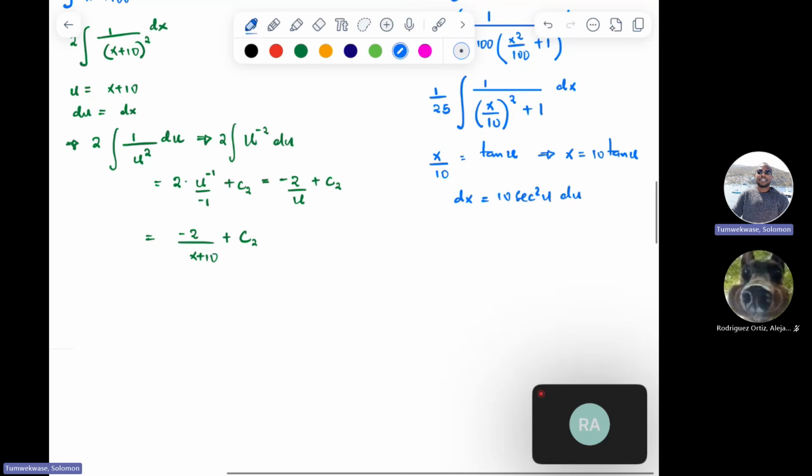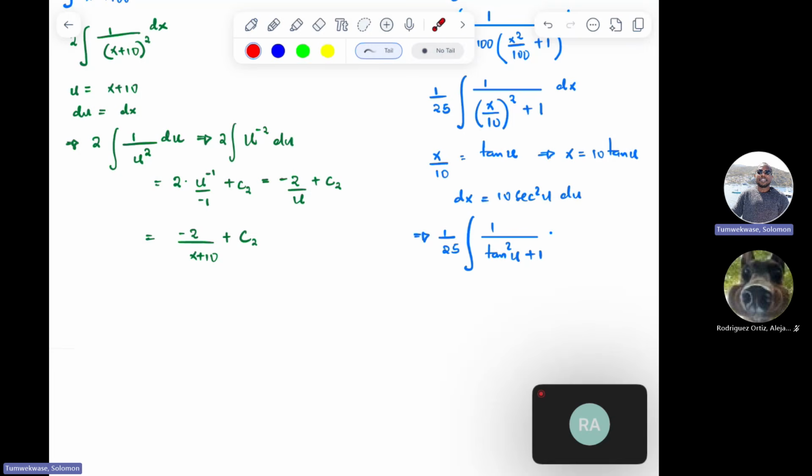When I substitute back everything, I'll have 1 over 25, which is out, then integral 1 over x plus 10 squared, that is the same as tangent squared u plus 1, times dx, but from this expression here, the dx is the same as 10 secant squared u du, okay?